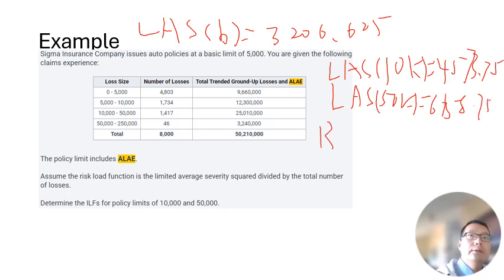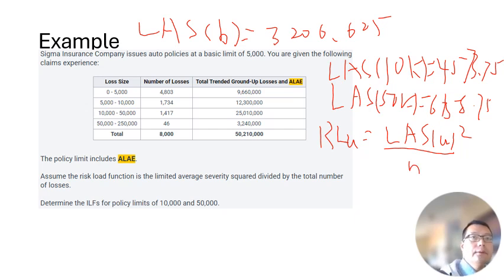Now RL_U is calculated as LAS_U squared divided by M. So really, to determine the increased limit factor, we just calculate all three using the formula.